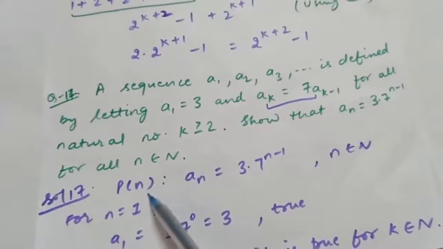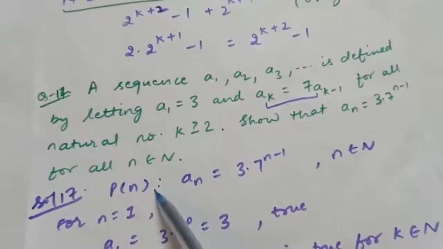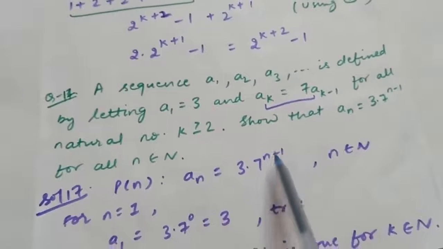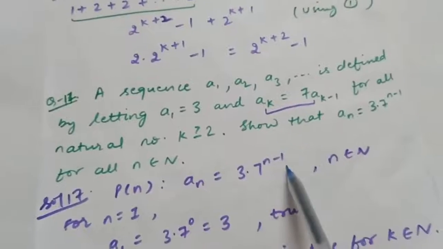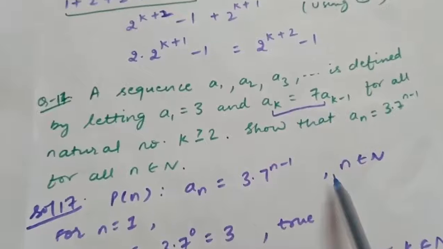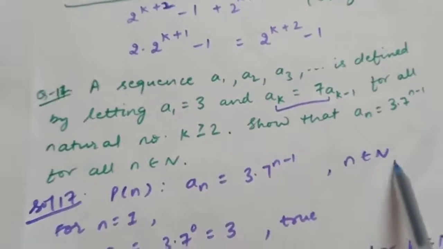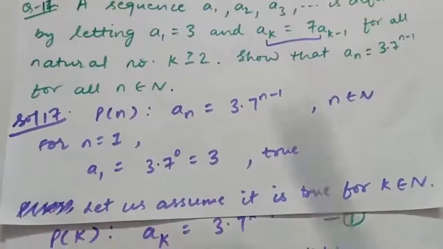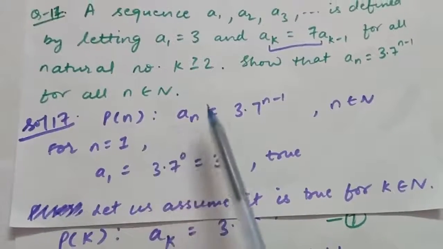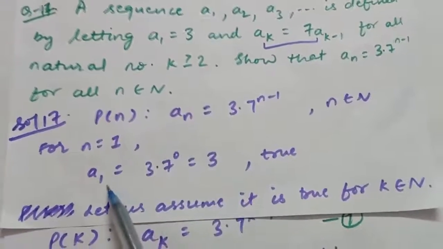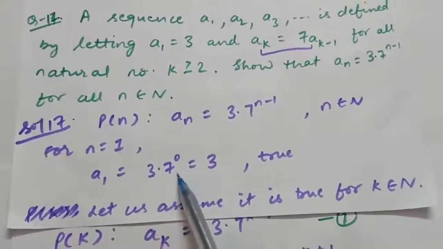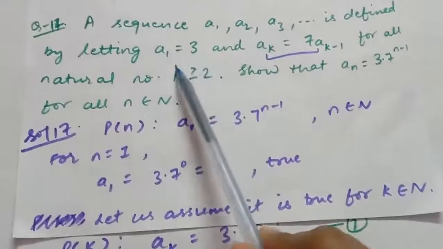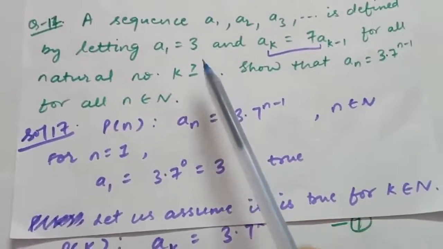So first of all, what we wanted to show, let that be P(n), that an is equal to 3 into 7 raised to the power n minus 1, where n belongs to the natural numbers, right? Now for n equal to 1, in place of n put 1. So a1 will be 3 into 7 raised to the power 0, which is equal to 3. a1 is given in the question as 3.